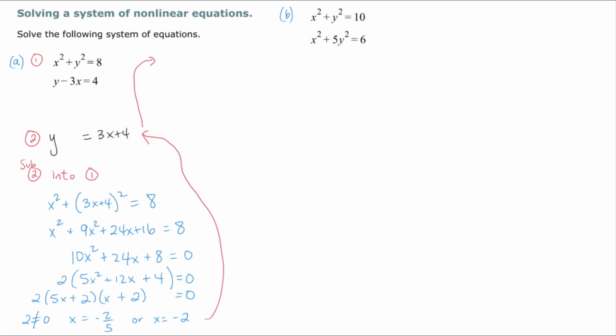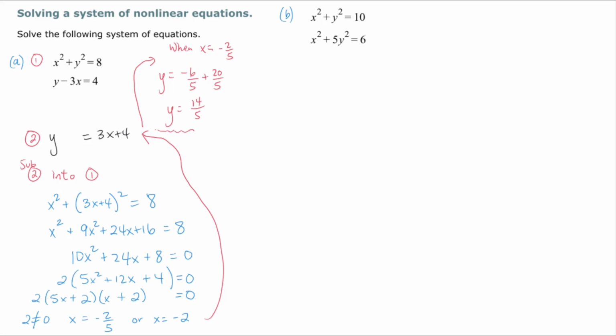So the first y is when, let's say, x is equal to negative 2 fifths. Can we get y? Yeah, of course we can. That's negative 6 fifths plus 20 fifths. So y is going to be equal to 14 fifths.